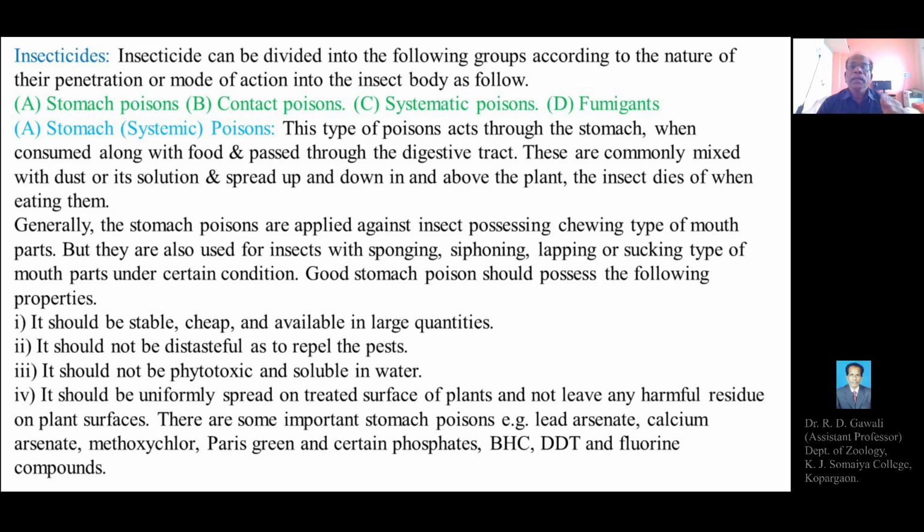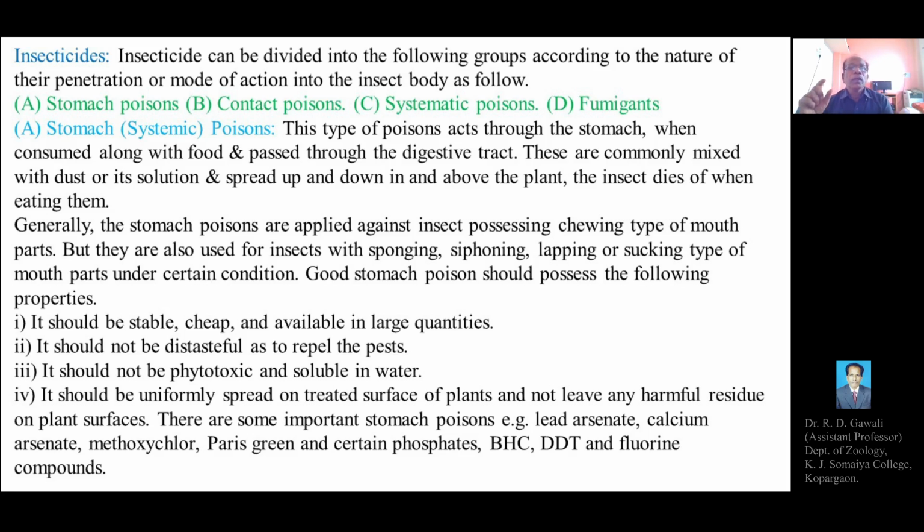The insect pest dies when it eats or consumes the plant leaves or plant parts containing these stomach poisons.